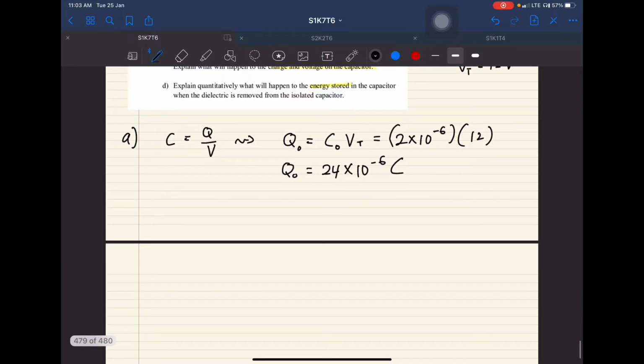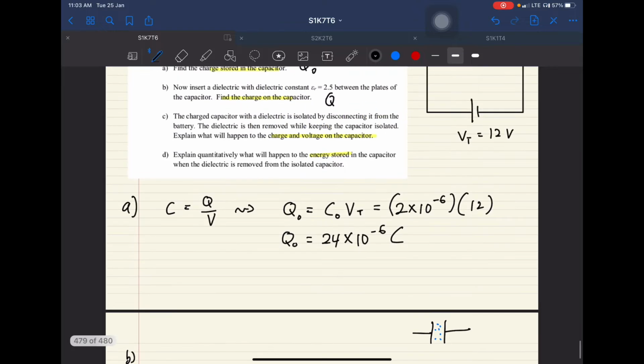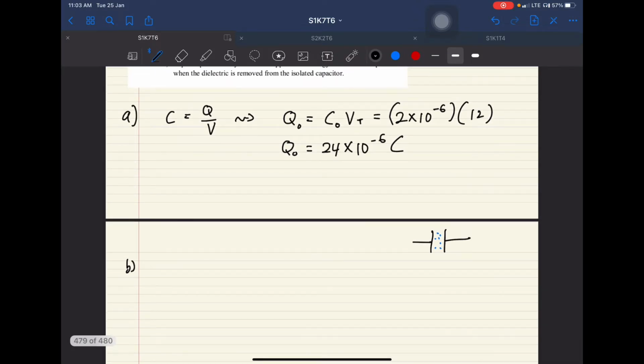So for question B, now they insert the dielectric material. Previously it was just air. Now if you put dielectric material, obviously your capacitance will increase by a factor of 2.5. If you still remember epsilon r, you can relate it with C over C not. Remember only for E and V the not is above, but for everything else it is below.